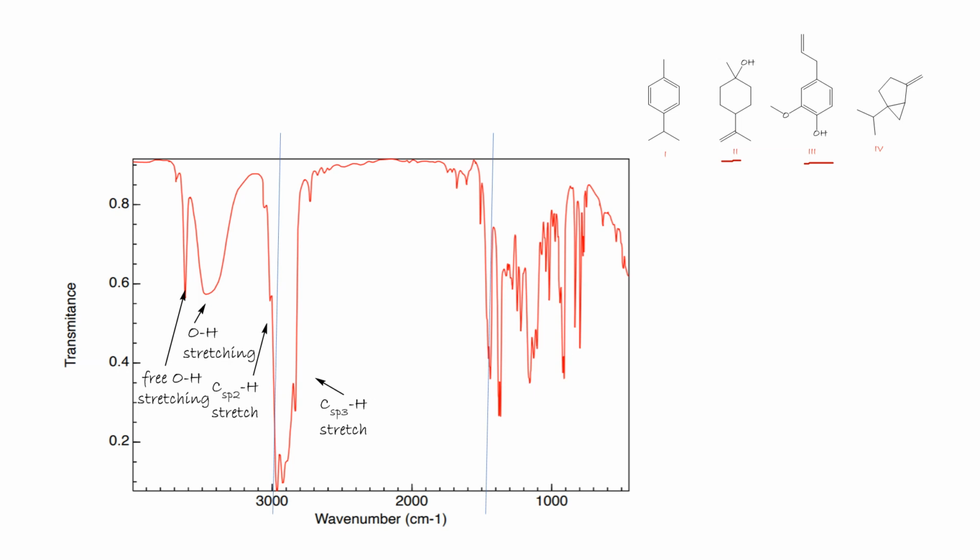So we have to examine the area of 1600, 1400 for carbon double bond carbon, and the area of the carbon double bond carbon of aromatic. Well, still here we have something in here, but here we have only a sharp peak around 1490 or 80 cm-1.